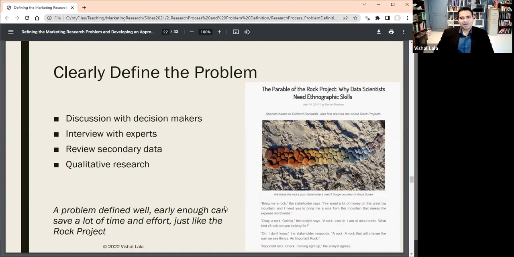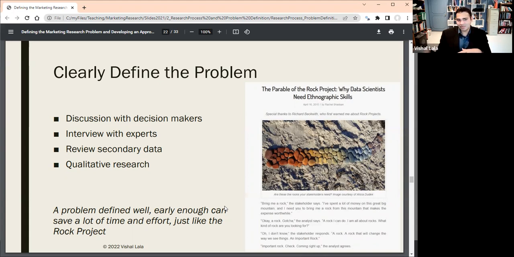At this point, the analyst started getting a little impatient, and so was the stakeholder, getting frustrated. So the analyst asked, this time more strongly, what kind of a rock are you looking for? Could you be a bit more specific? And the decision maker said, well, it's none of these rocks.